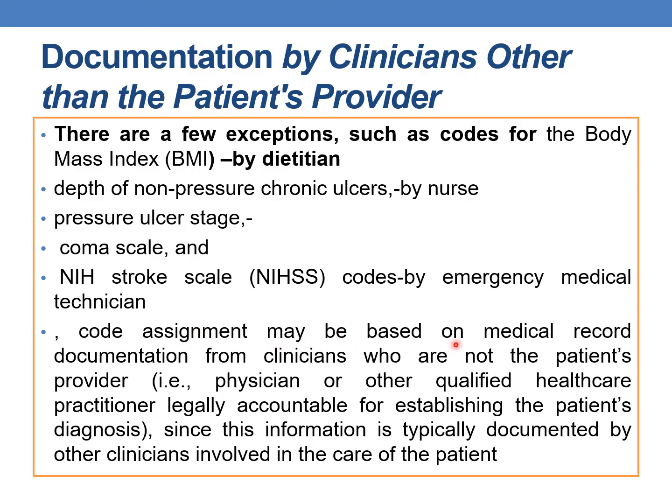So code assessment may be based on medical record documentation from clinicians who are not the patient's provider, since this information is typically documented by other clinicians involved in the care of the patient.